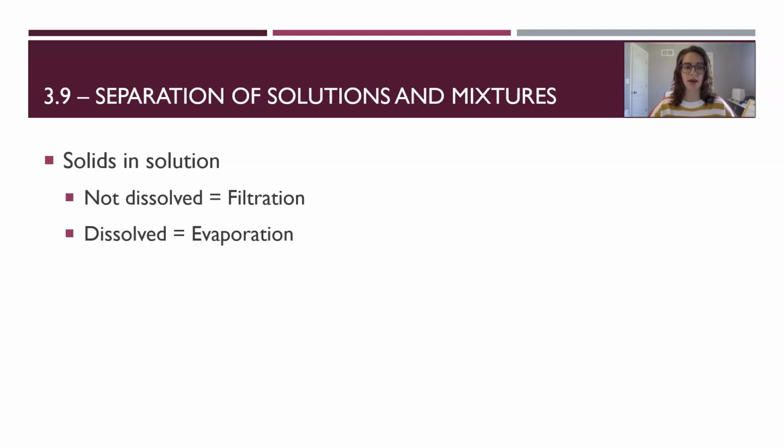So first, let's talk about how you separate solids in solution. If the solids are not dissolved, it's pretty easy. You're going to use filtration. Anytime you have a reaction that results in a precipitate, or if you have undissolved solid and you want to separate out that solid from the solution, you're going to use some sort of filter. There are lots of different kinds.